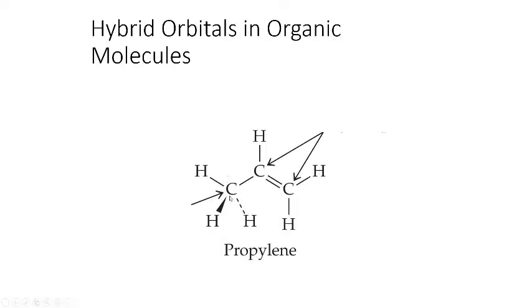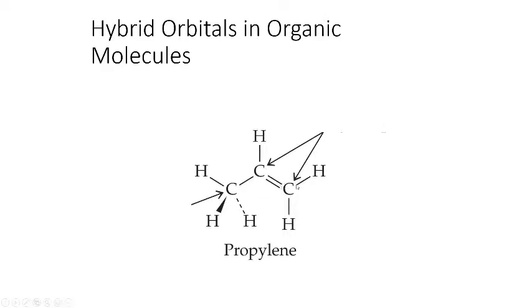Okay, so we see this carbon here has four different bonds coming off and it carries this tetrahedral shape. And so since it's tetrahedral parent geometry, that means that it has to be sp3. So this carbon here is sp3 hybridized. This carbon here, since it has three areas of charge density, is going to have a trigonal planar parent geometry, which means that it has to be an sp2 hybridized orbital.